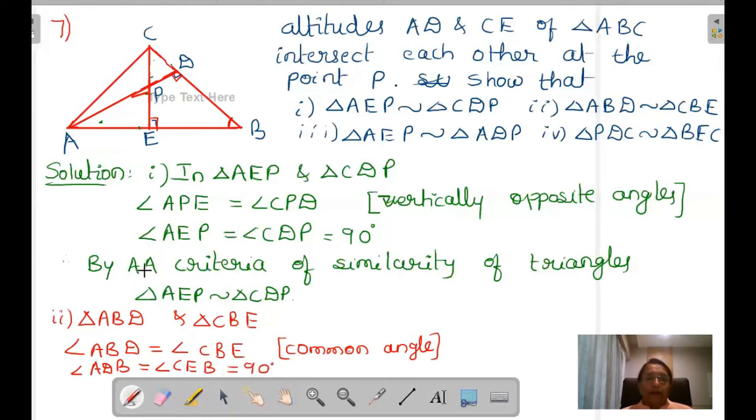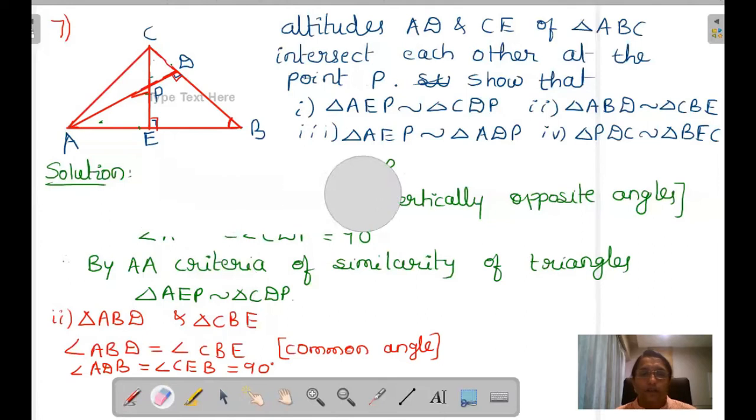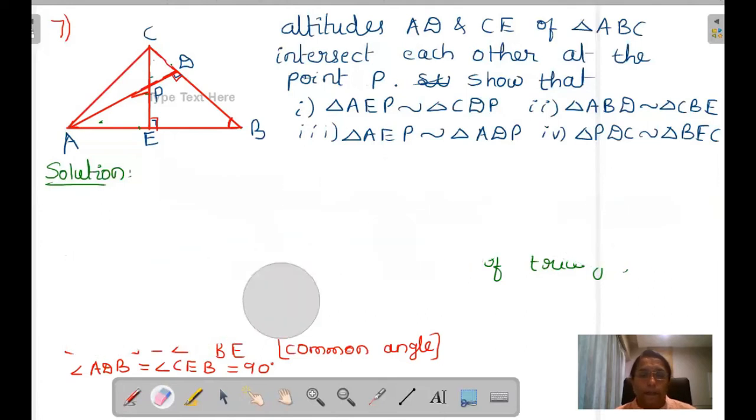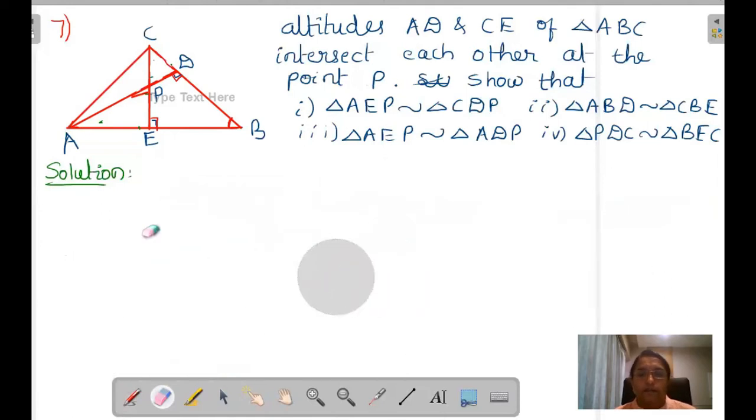Again, by the same, you have to write by AA criteria of similarity of triangles, triangle ABD is similar to triangle CBE. Next, similarly, the third one. Okay, we'll take the third one now.